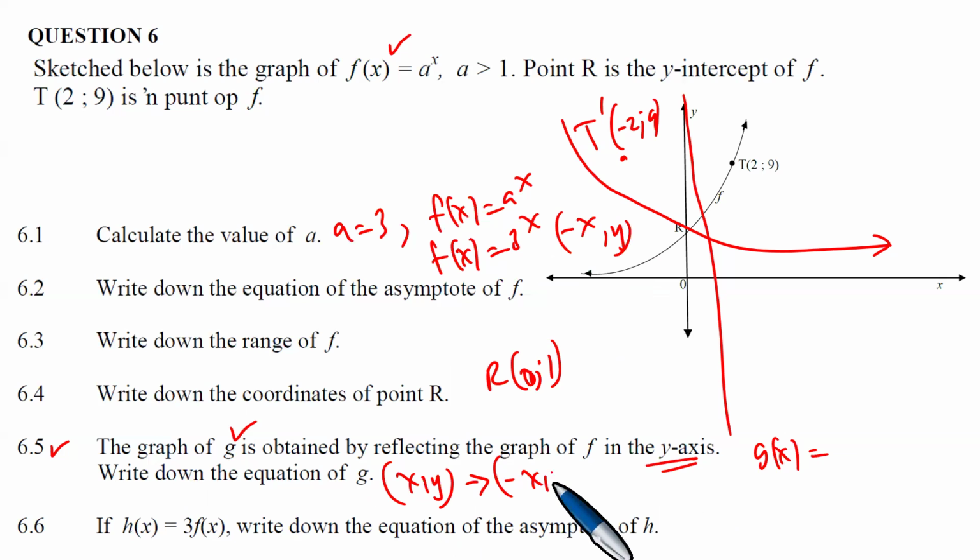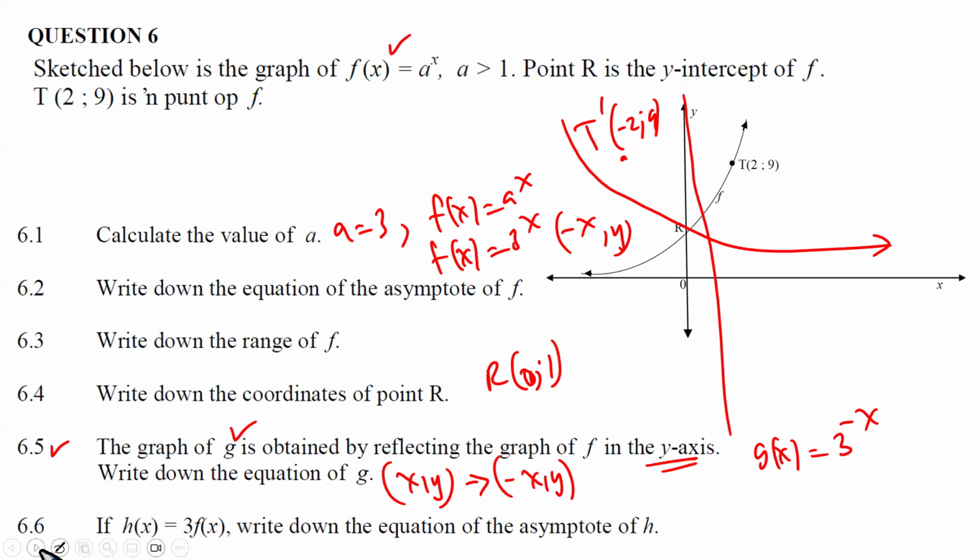So our g is therefore 3 to the minus x. That becomes the equation of g. F is 3 to the power x, and reflection in the y-axis makes the x negative, so g is 3 to the power minus x.